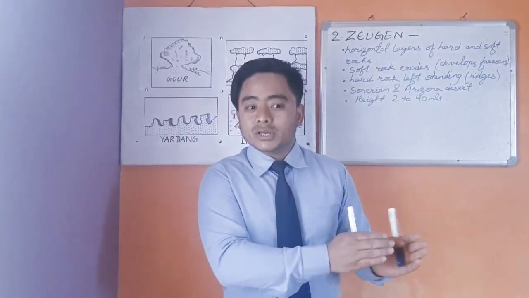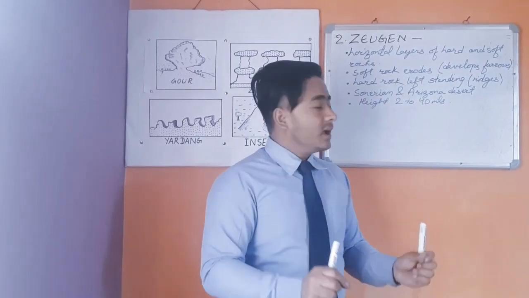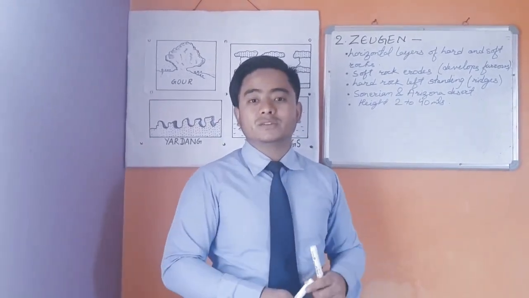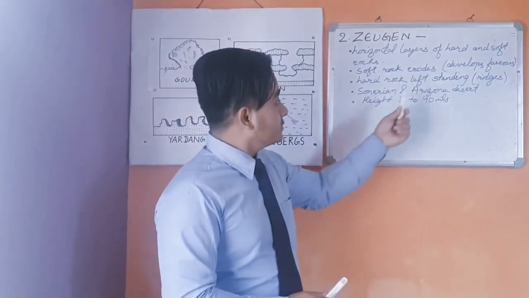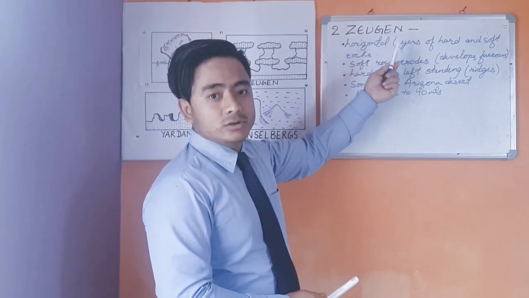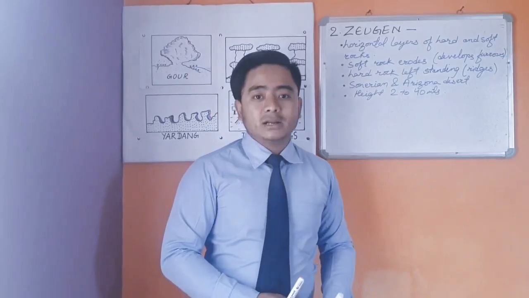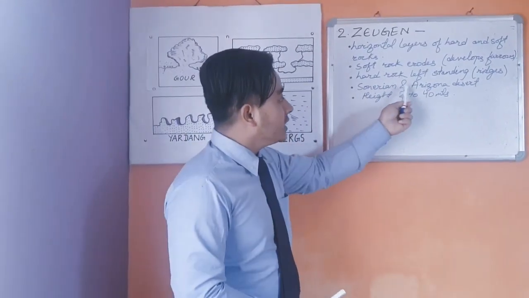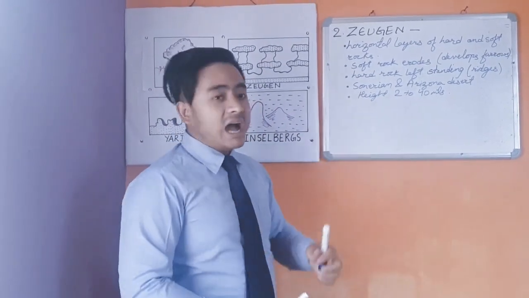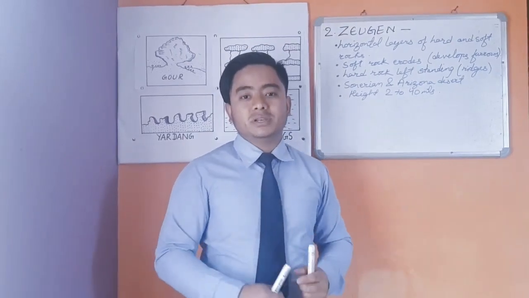When the soft rock erodes easily, it creates furrows like a hole, and the harder rocks are left behind standing on top of the soft rock. This process leads to the formation of a rock which is called Zeugen. Zeugen are mostly found in the Sonoran and Arizona deserts, and the height of Zeugen varies from 2 meters to 40 meters.